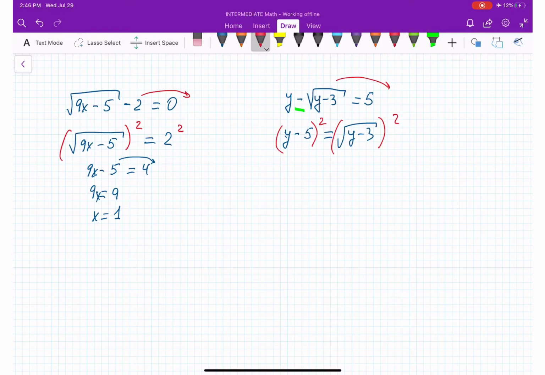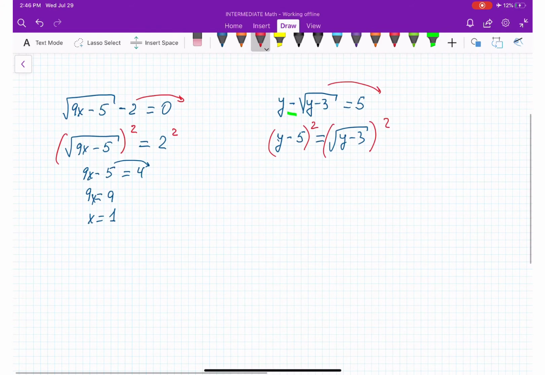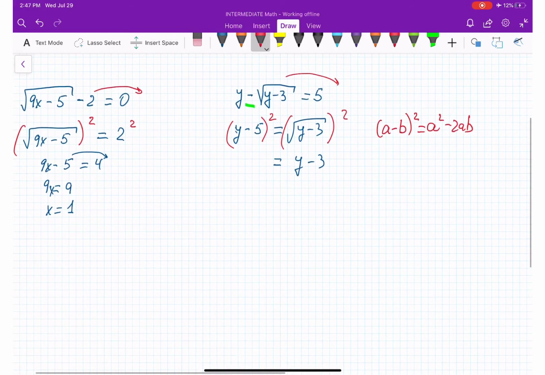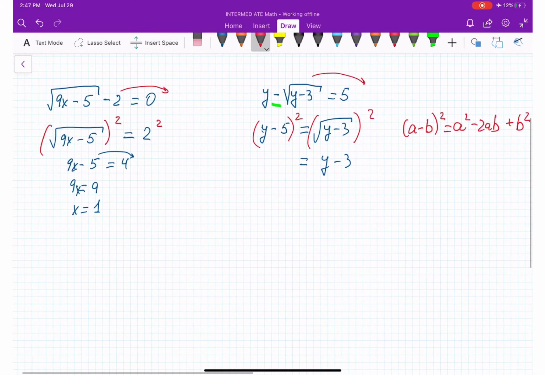On the right side, we are going to get a clean y minus 3. On the left side, I'm going to apply (a minus b) squared is equal to a squared minus 2ab plus b squared. Okay, what is my a?